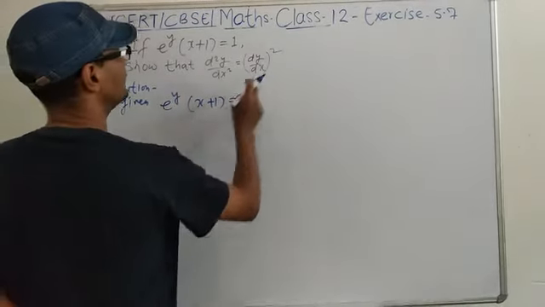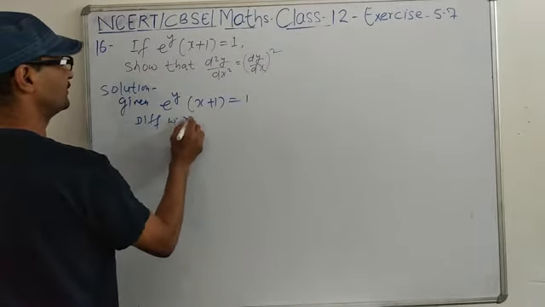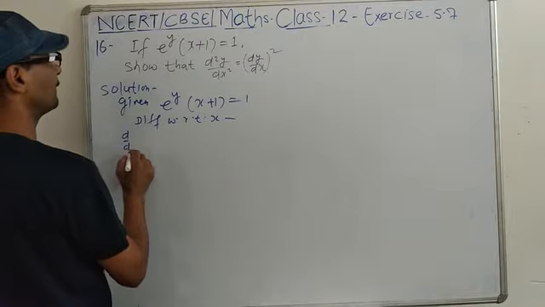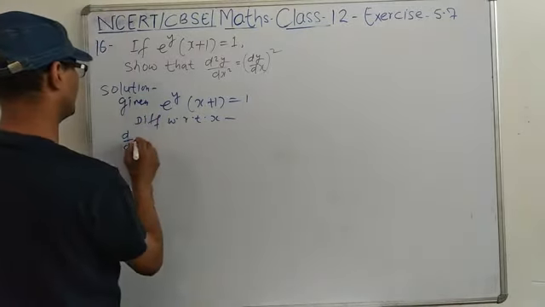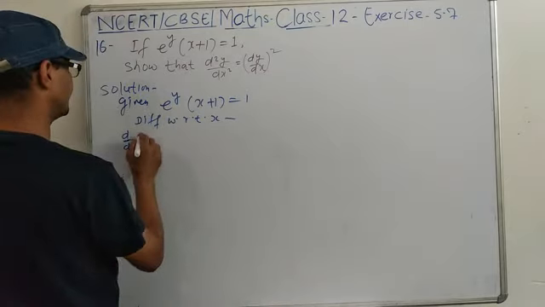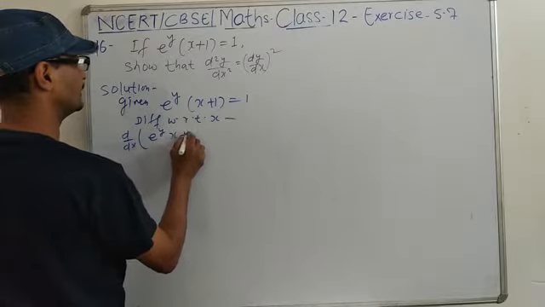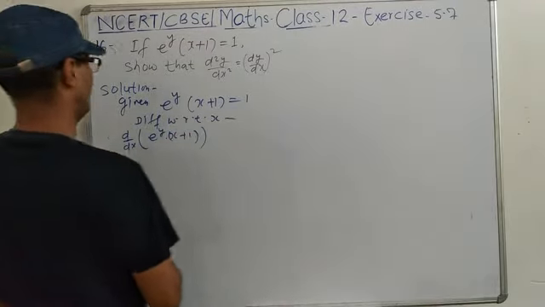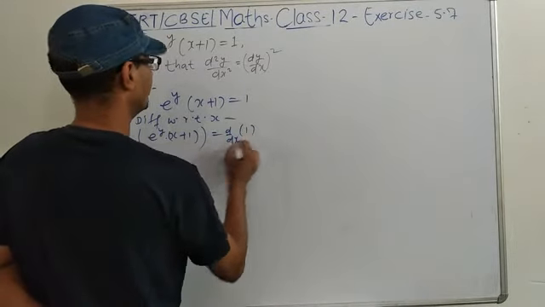So first we find dy by dx. So differentiating with respect to x, d/dx of e to the power y into x plus 1 equal to d/dx of 1.